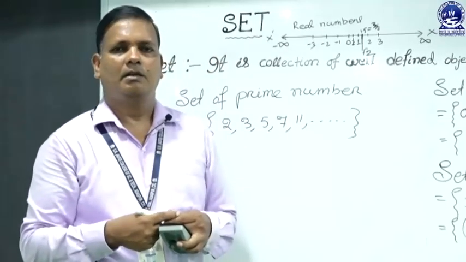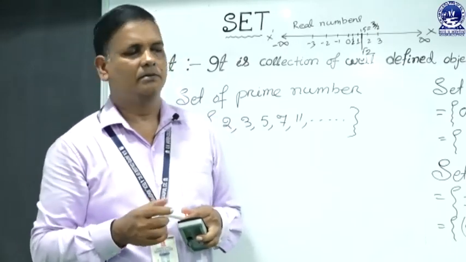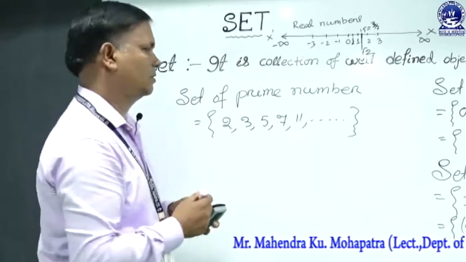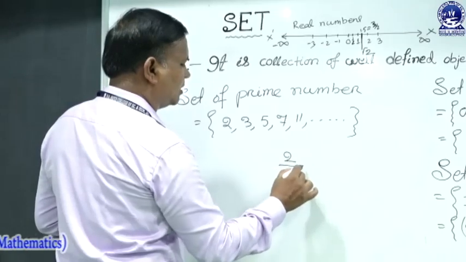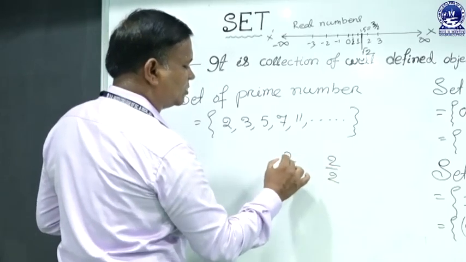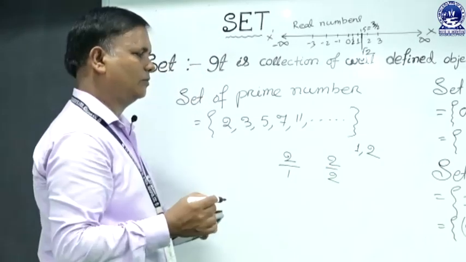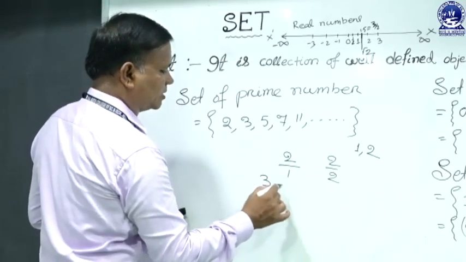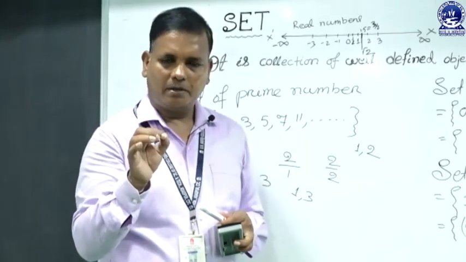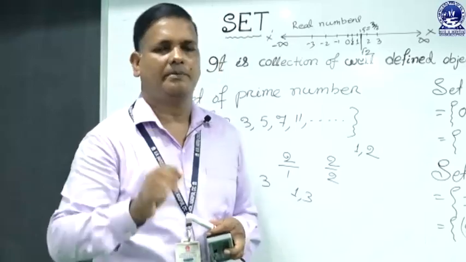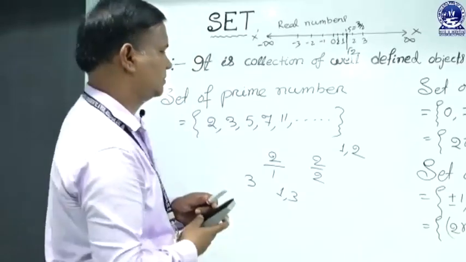Any prime number has exactly two factors, that means divisible by 1 and itself. 2 is divisible by 1 and 2. That means the number 2 has two factors, 1 and 2. Also 3 has two factors, 1 and 3. No other factors are there. That means a number divisible only by 1 and itself is called a prime number. It cannot be divisible by any other numbers.